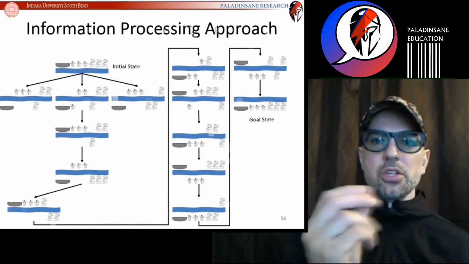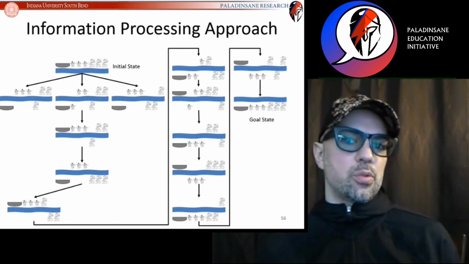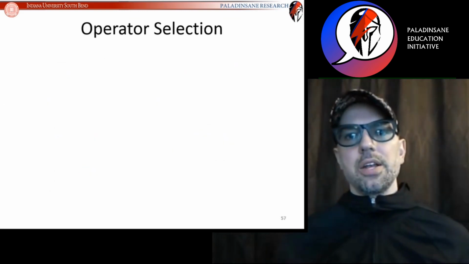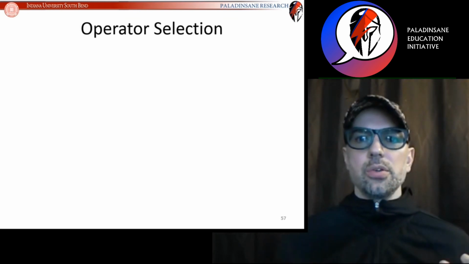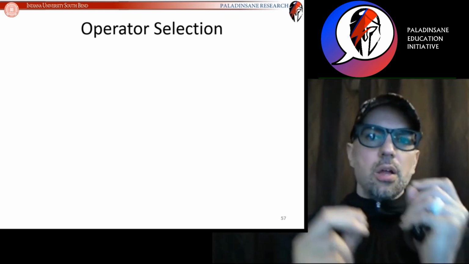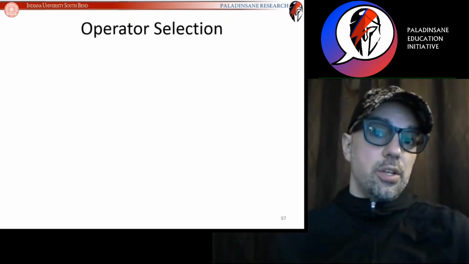So when we have to choose these operators, and when we have to determine which operators we can use, how do we do that? Well, there are a number of different techniques that psychologists have identified that we use when we're trying to solve problems, when we're trying to choose which operator we should use and which operator we should avoid using.